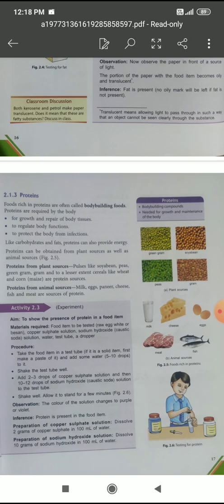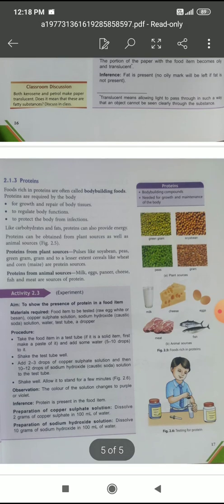Proteins can be obtained from plant sources as well as animal sources. So first we see proteins from plant sources. Pulses like soybean, peas, green gram and, to a lesser extent, cereals like wheat and corn, or you can say maize, are protein sources.